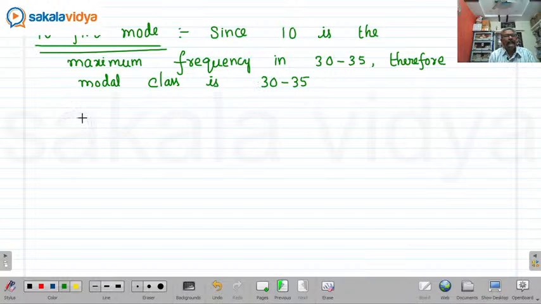So this will be the L. So now here L is equal to 30.